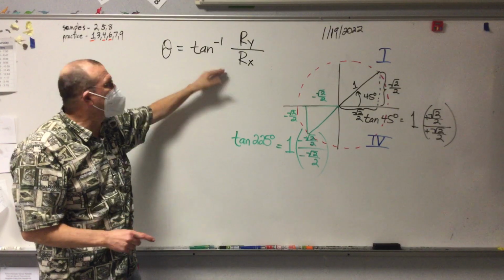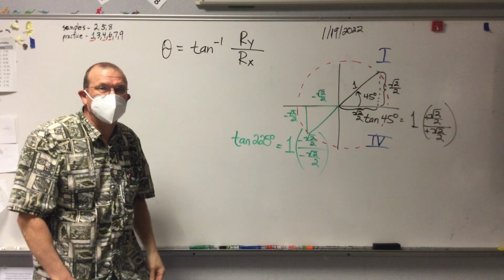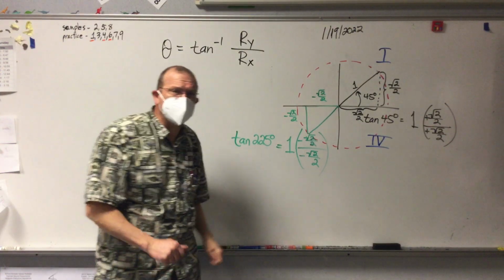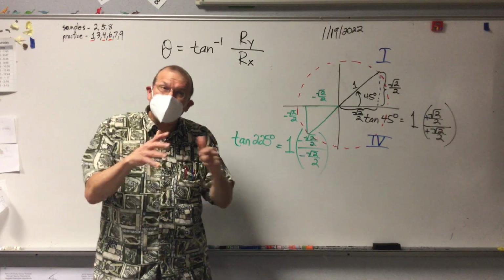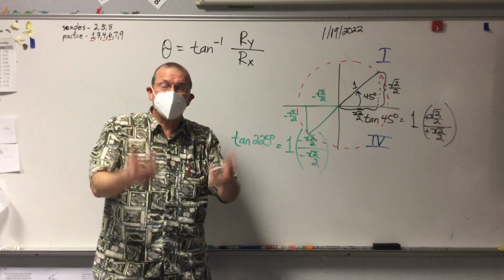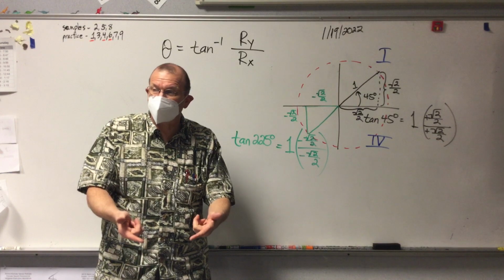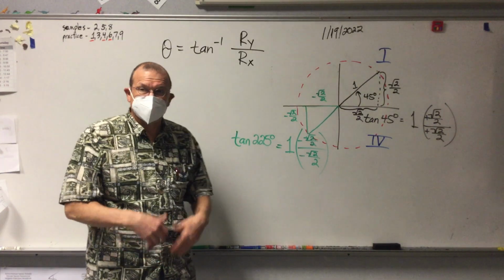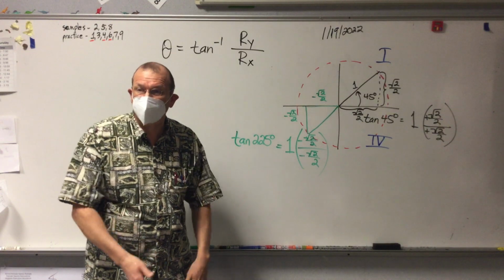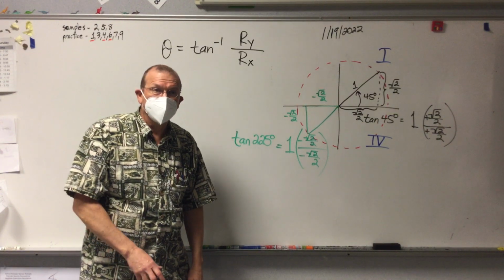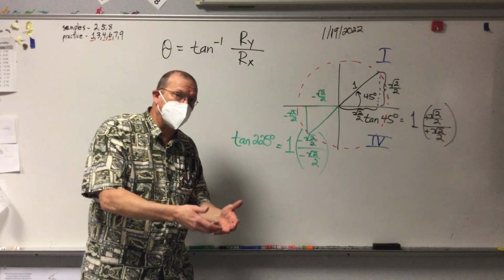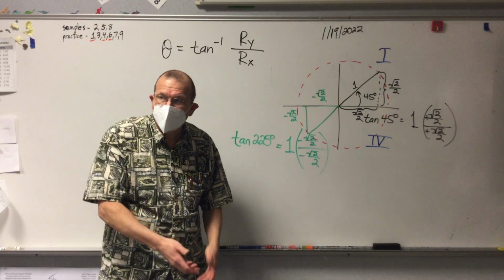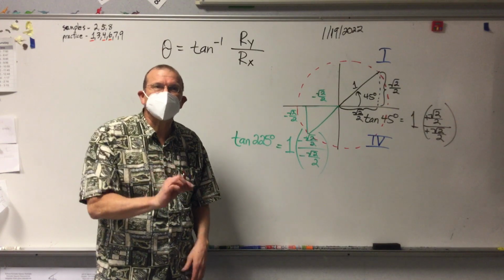But we have to add just a little extra information so that depending on where you are, you might be able to list the angle for your answer exactly as the number that comes off your calculator. Or you might have to take the number that your calculator gives you and play with it just a little bit.